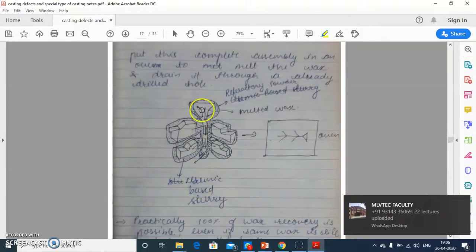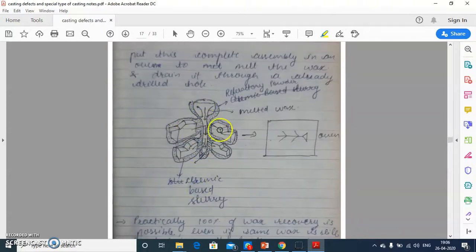This is the assembly, and this layer is the ceramic-based slurry.